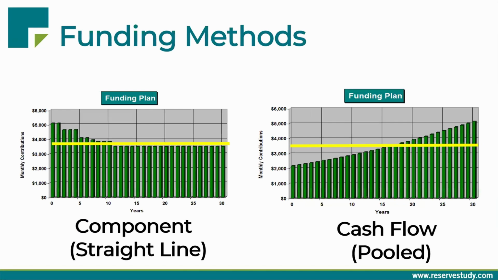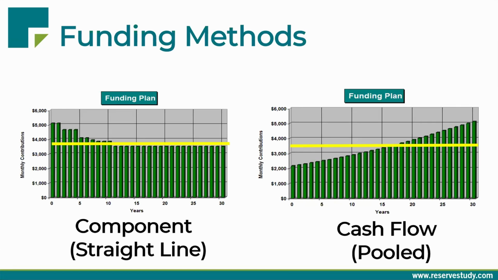When I show them side by side, it's pretty clear. The same net funds go into the reserves over the years. Remember, they pay for exactly the same expenses over the years. It's just that the cash flow method doesn't force associations to pay a steep price in the first few years to rapidly resolve any underfunding.